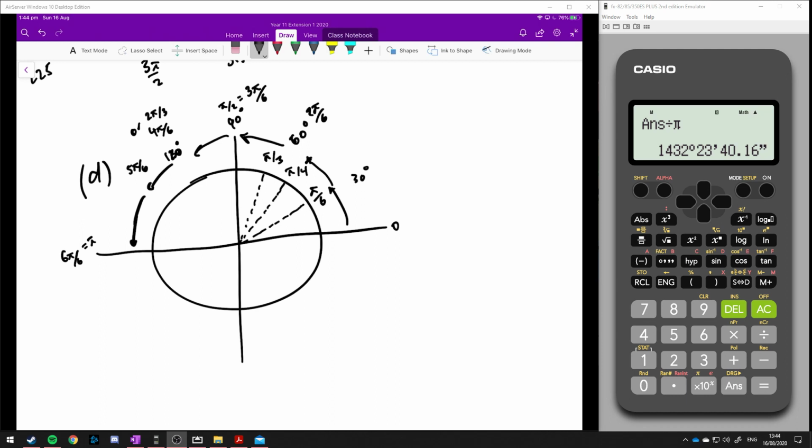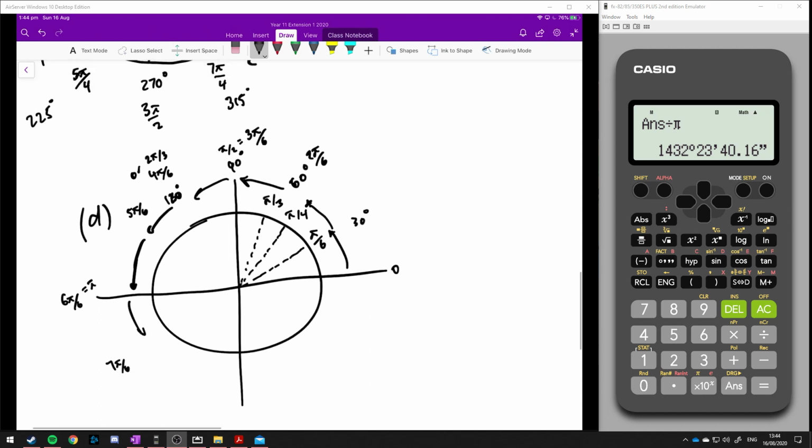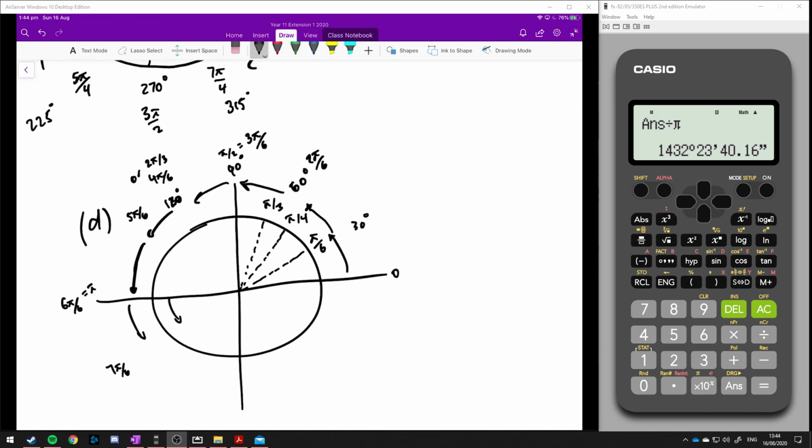We want 7 pi on 6, so it's one more jump in this direction, remembering we're jumping around by 30 degrees.